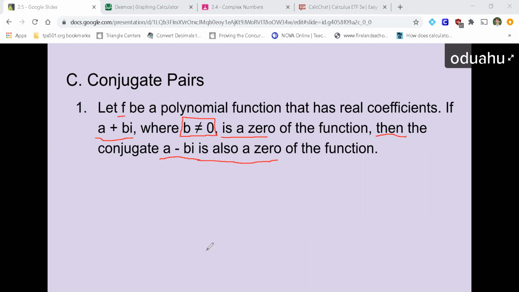Every non-real 0 has a pair to it, which is the opposite sign, plus or minus. Isn't that just dandy? All right, anybody need more time to write?